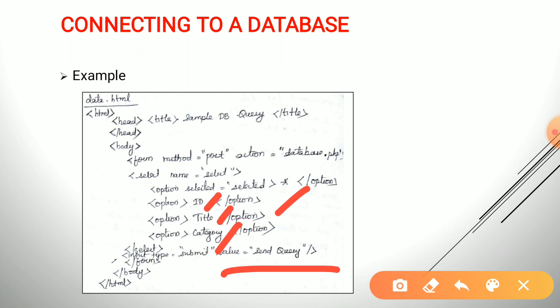But if we select id and click this send query button, it will display only the id of books. Okay, if we select title, it will display the titles of books only, and if we select category, it will display the categories of books only.